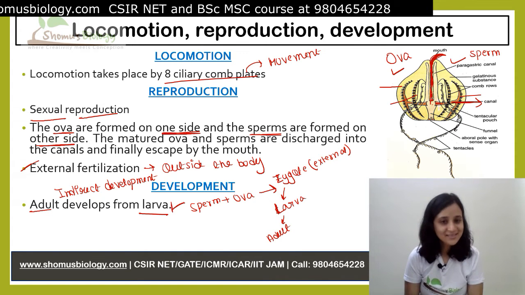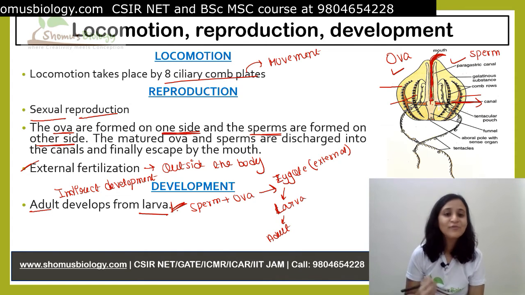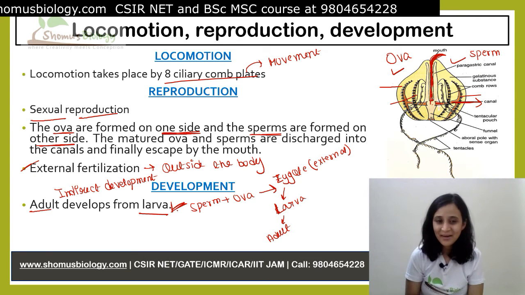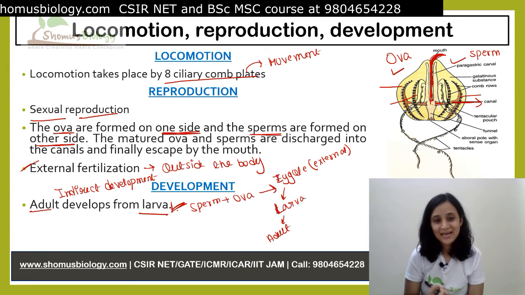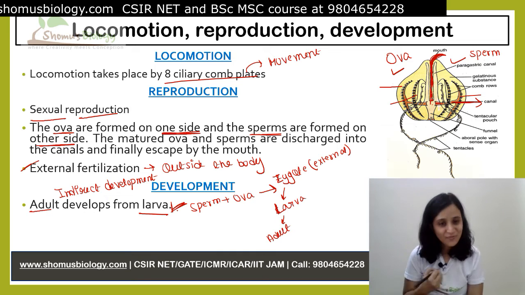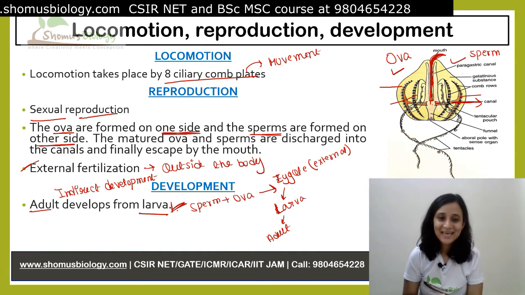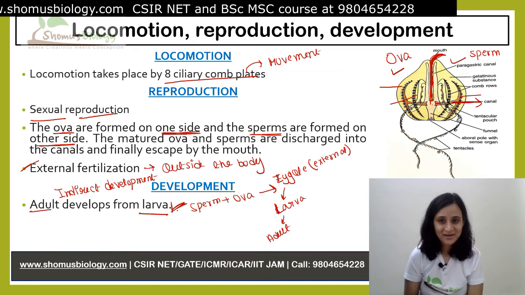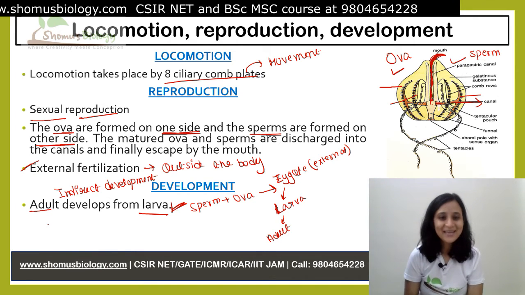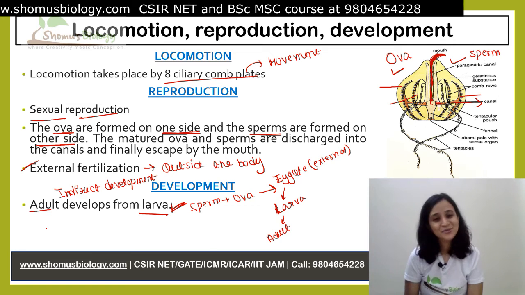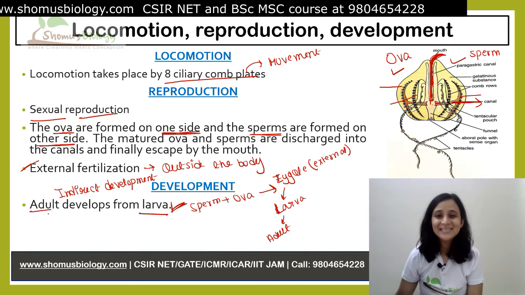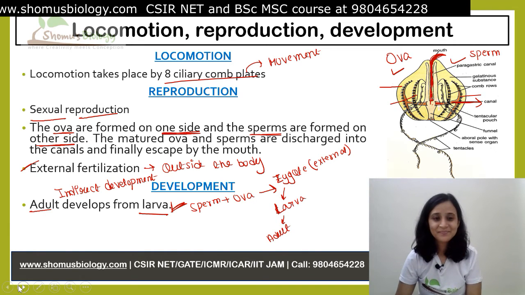When larva is required, we say it indirect development, and when adult gets formed from the zygote directly, we say it direct development. So in this case they require larva, that's why it is the indirect development.